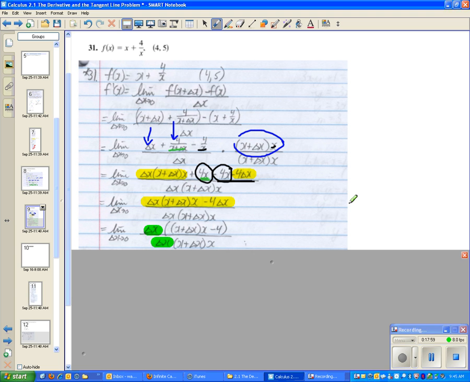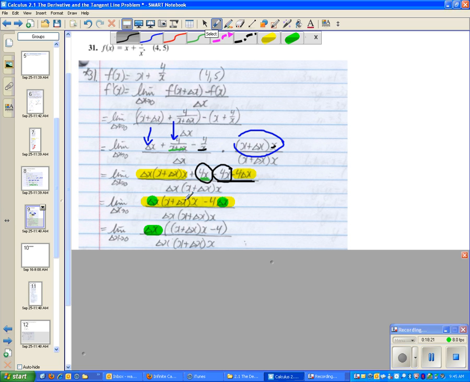All right, you see what I've done? I just factored the delta x out of both of those terms in the numerator.